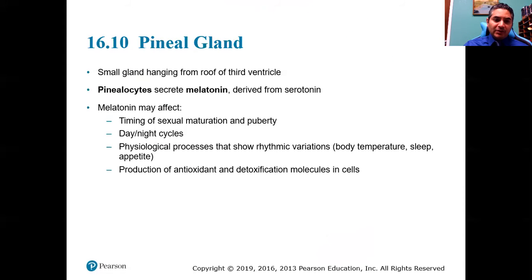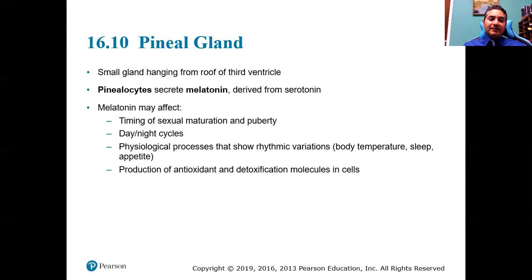Now, pineal gland. Okay, let's talk about this a little bit. Remember, we're in the endocrine system. So pinealocytes secrete melatonin, not to be confused with melanin. Melanin, skin.